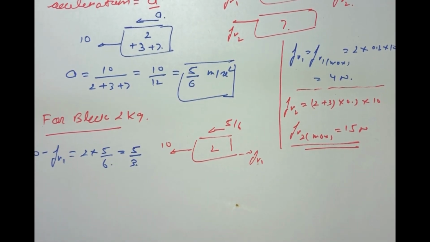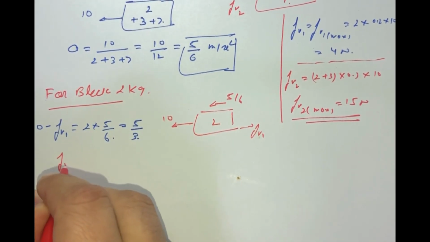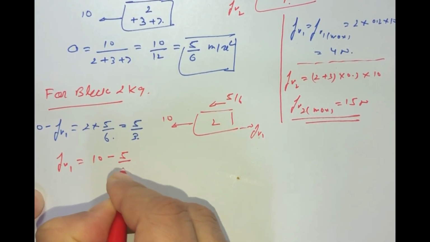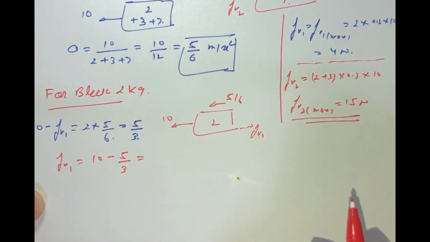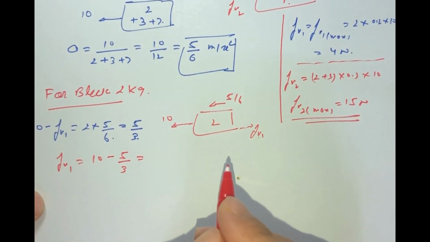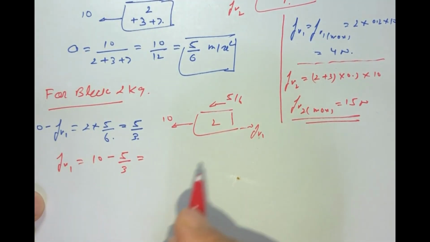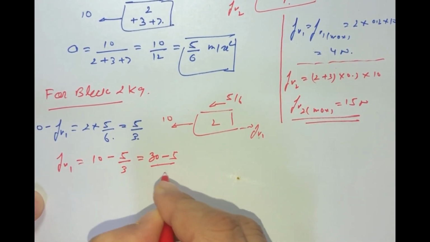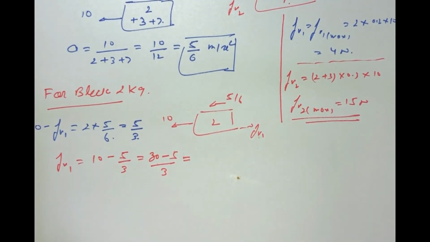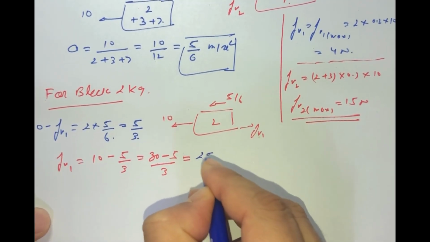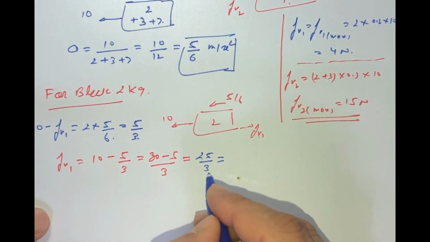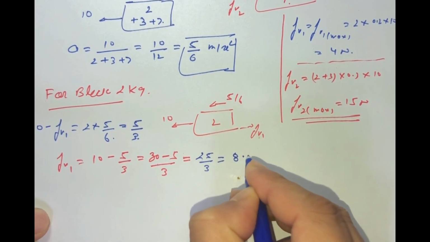We can solve it. Simply Fr1 will be equal to 10 minus 5/3, which will be 30 minus 5 divided by 3, equal to 25/3, and this is approximately equal to 8.3 Newton.